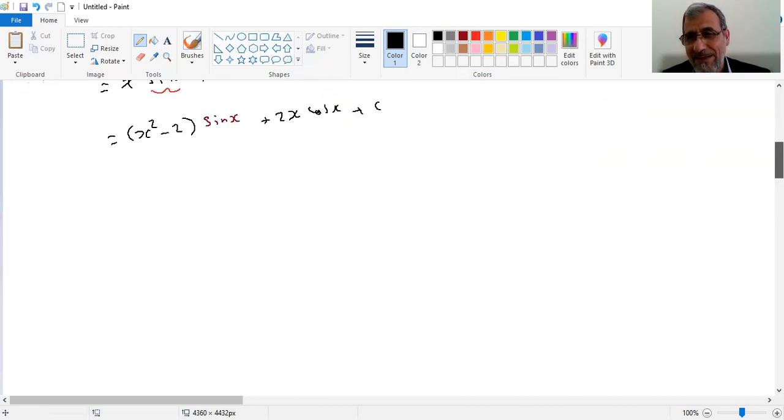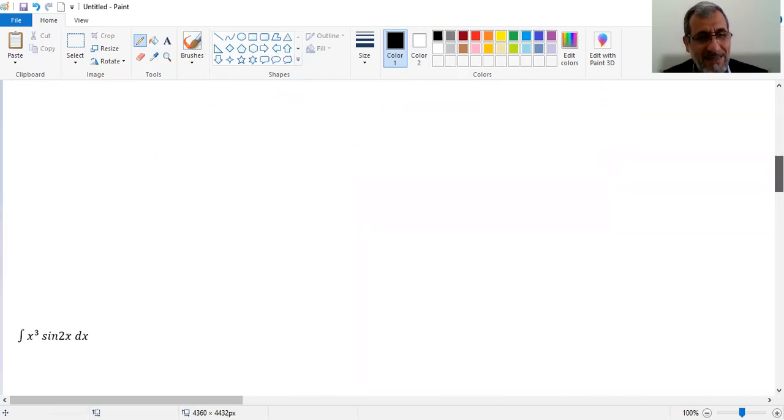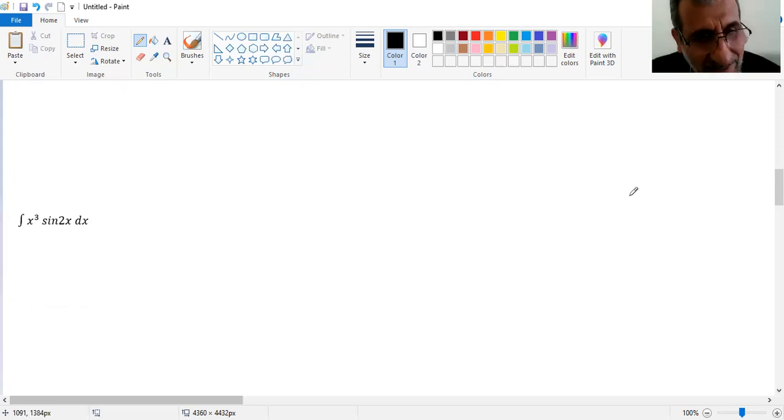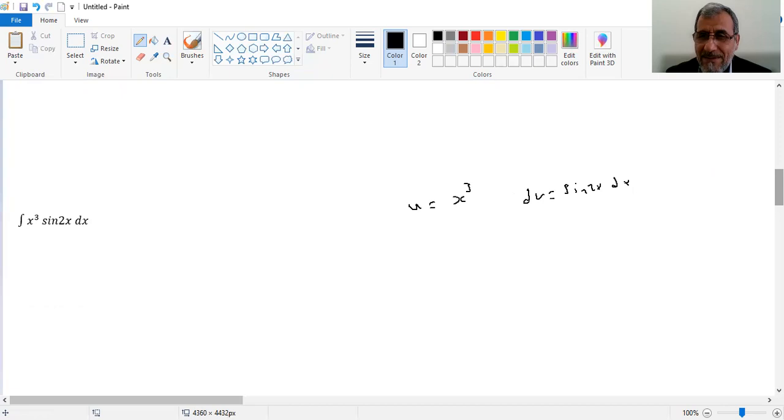Then the next one is the integral of x cubed sine 2x. We choose u equal to x cubed, and dv equal to sine 2x dx.